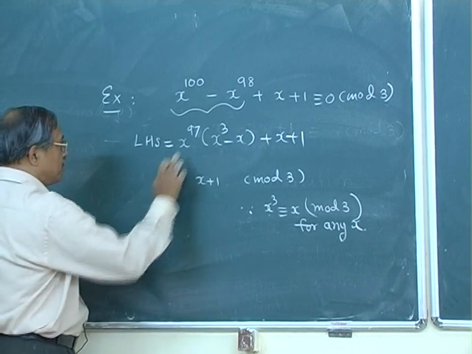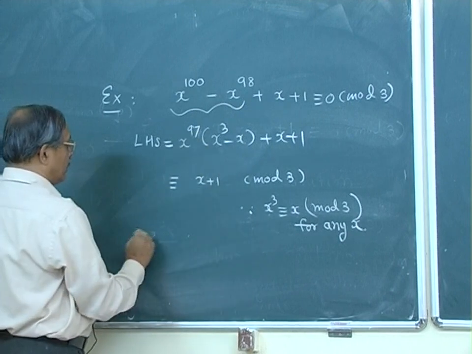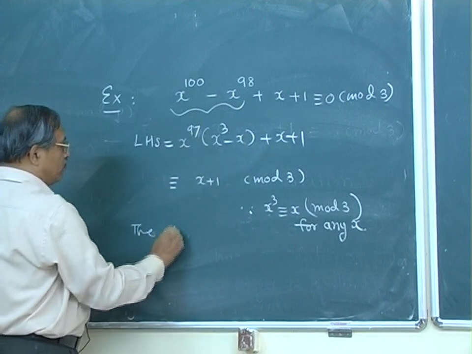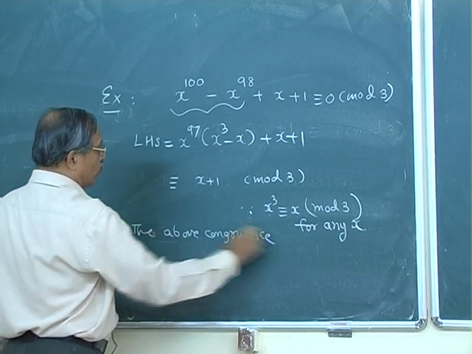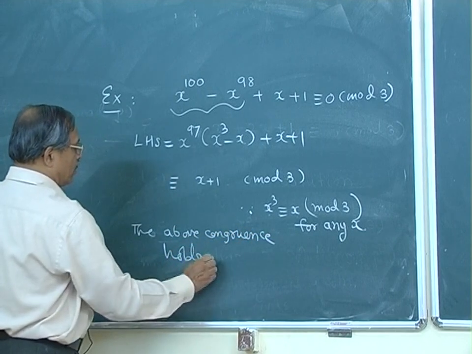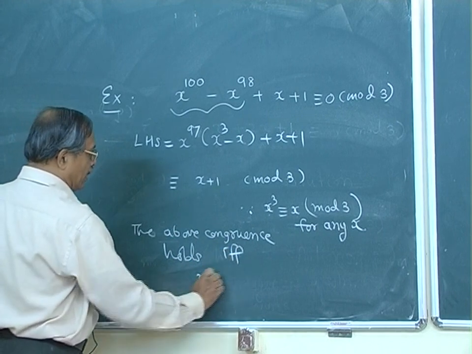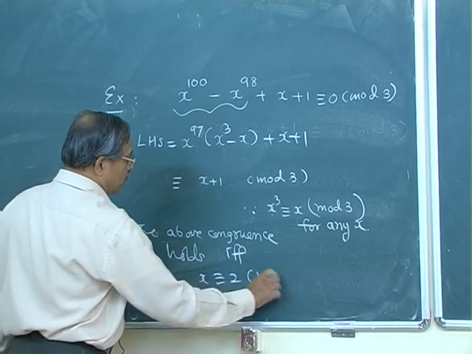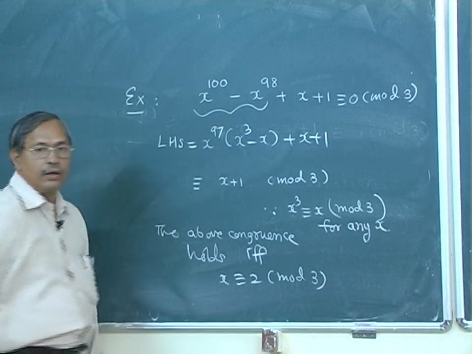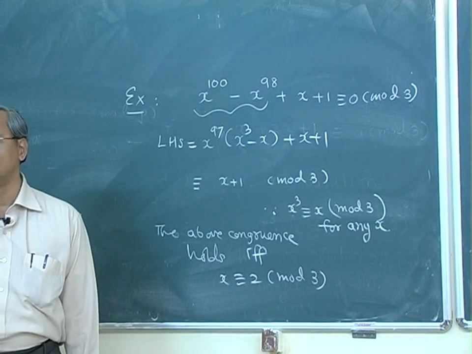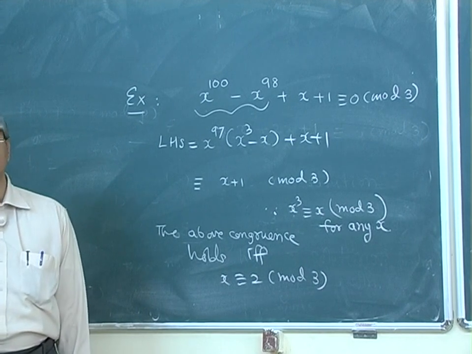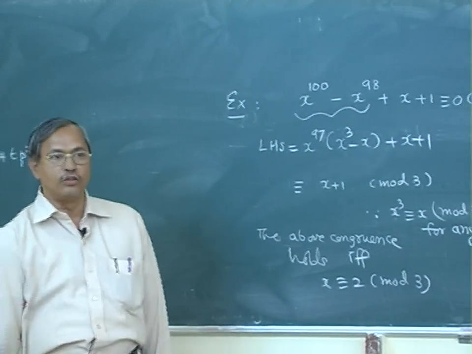So the above congruence holds if and only if x is congruent to 2 mod 3. Okay, x plus 1 should be 0 mod 3, so x congruent to minus 1 mod 3, we can say it is 2 mod 3. So this congruence has only one solution.